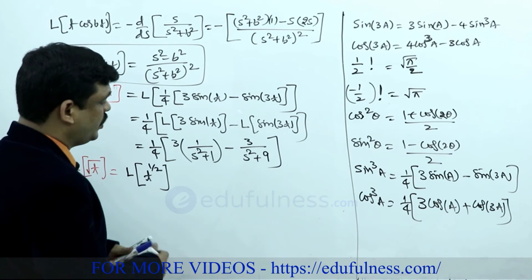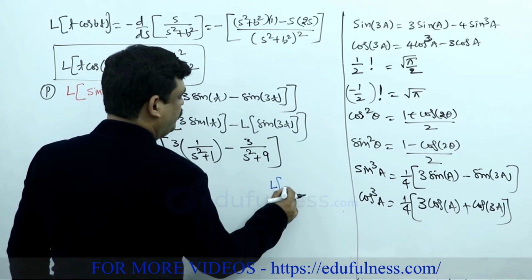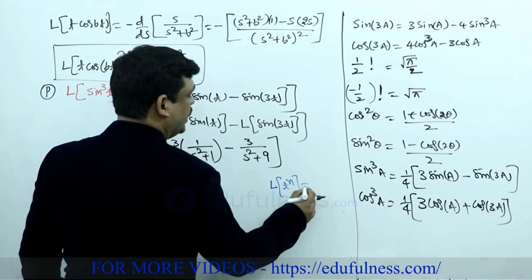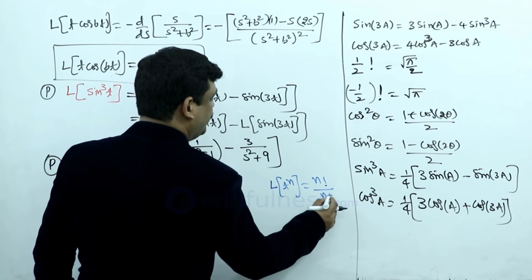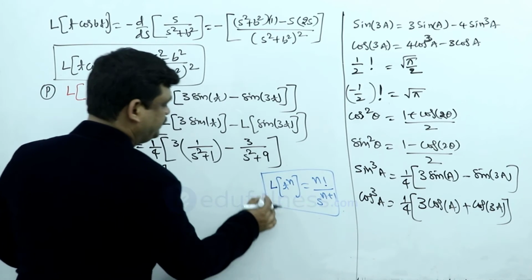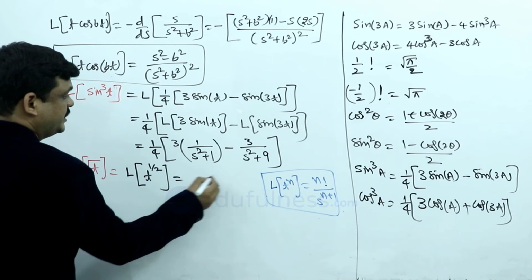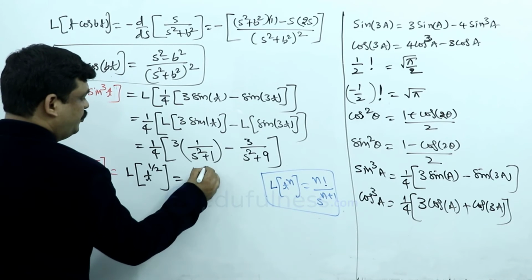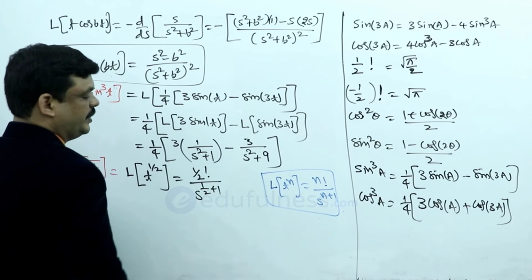Now this is similar to one standard equation. The equation is Laplace transform of t to the power of n. Laplace transform of t to the power of n is n factorial by s to the power of n plus 1, right? So now from this formula, what is n here? n is 1 by 2. Then immediately I am writing this formula here: 1 by 2 factorial by s to the power of 1 by 2 plus 1.